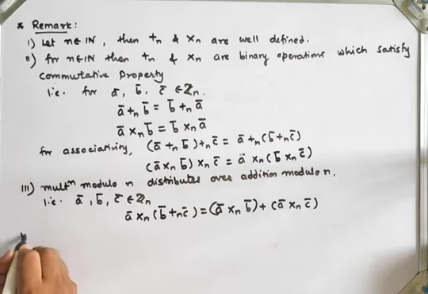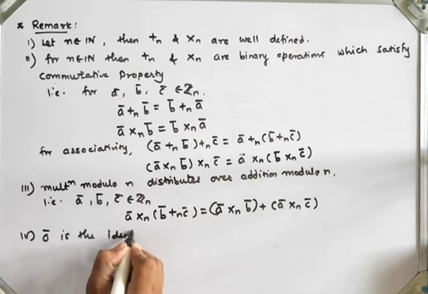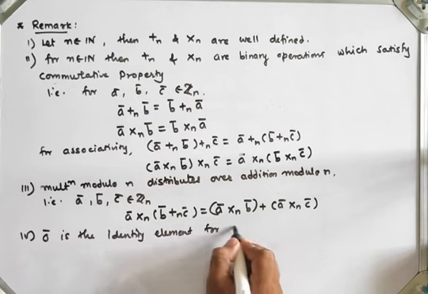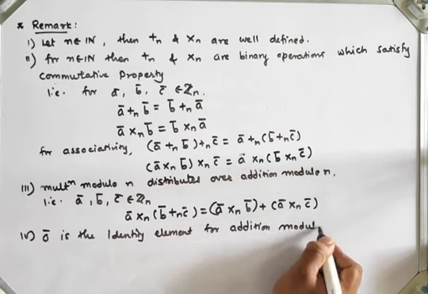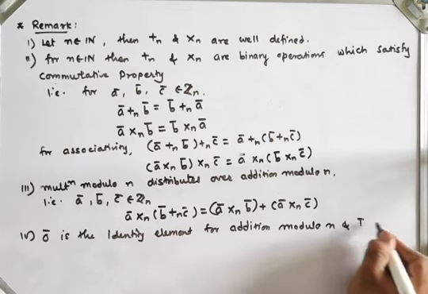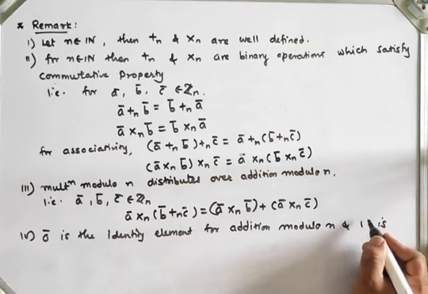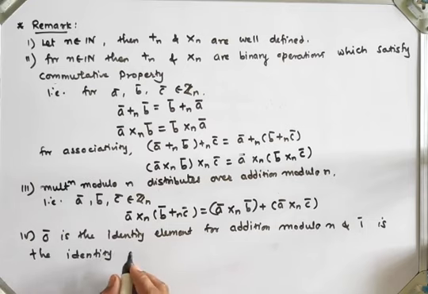And fourth, 0 bar is the identity element for addition modulo n, and 1 bar is the identity element for multiplication modulo n. So 0 bar is for addition and 1 bar is for multiplication.